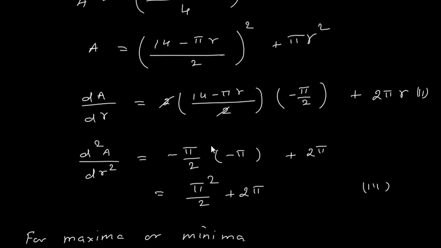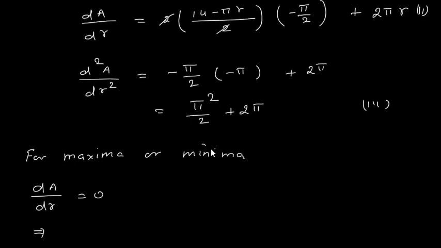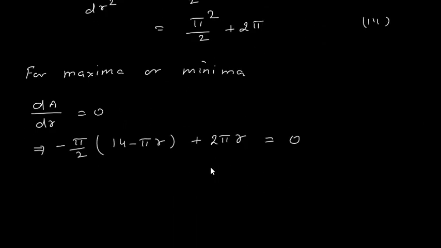That means minus pi upon 2 times the bracket 14 minus pi r plus 2 pi r should be equal to 0. So I will open this bracket. This implies minus 7 pi, 2 7s are 14, minus pi square r upon 2, plus 2 pi r equal to 0.